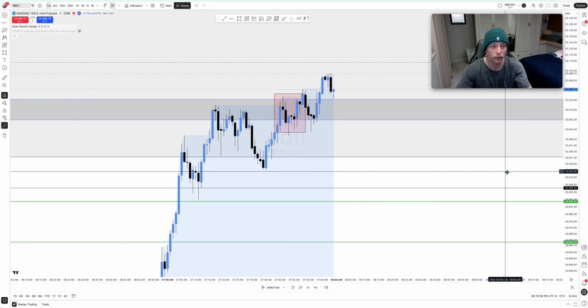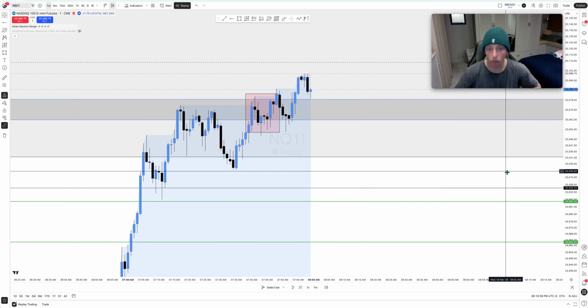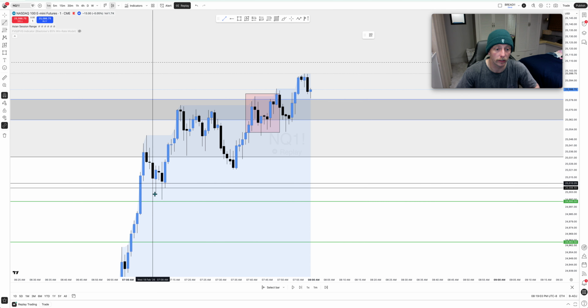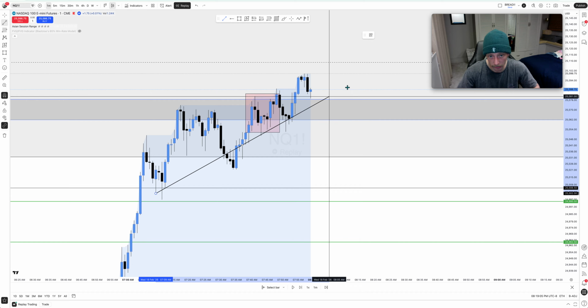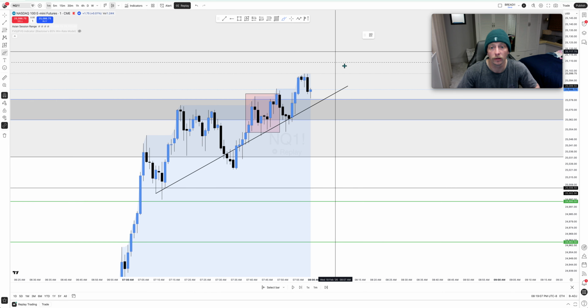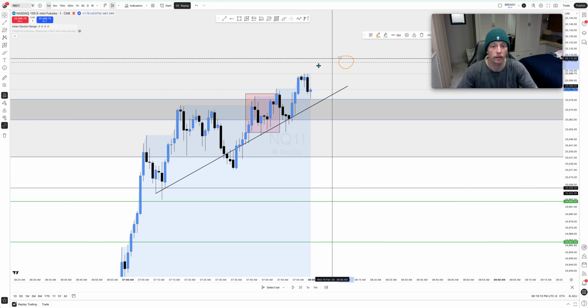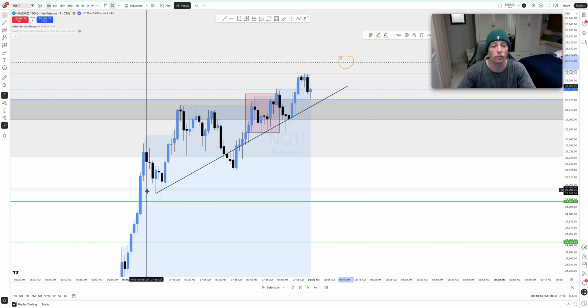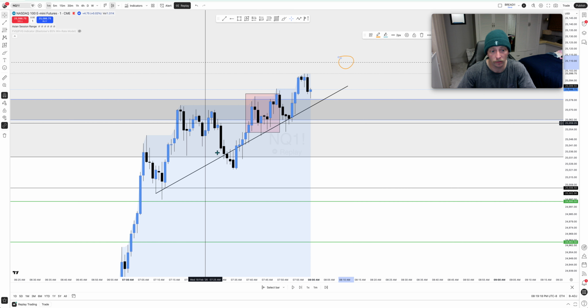So I wish TradingView on my plan I had the lower time frame, but what we can see is that we are in an uptrend targeting the midpoint, right? We respected this gap right here, which is the final TP. We consolidated, took out some liquidity, continued moving higher.